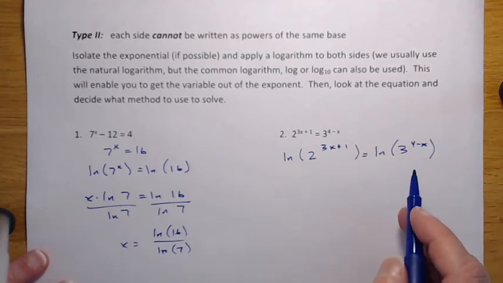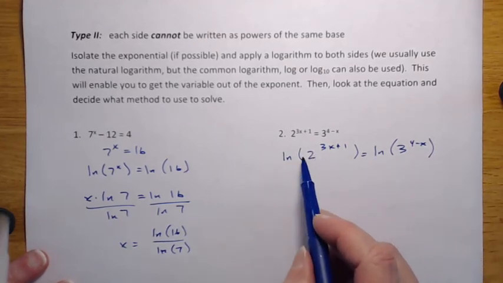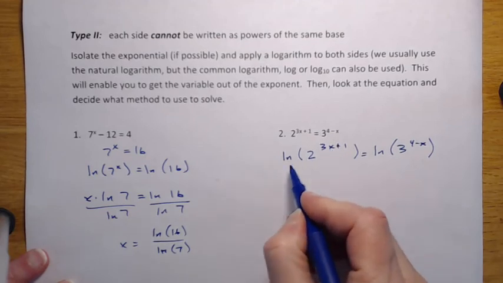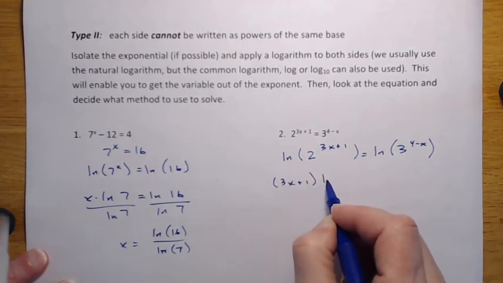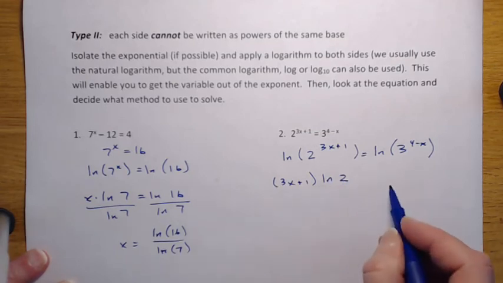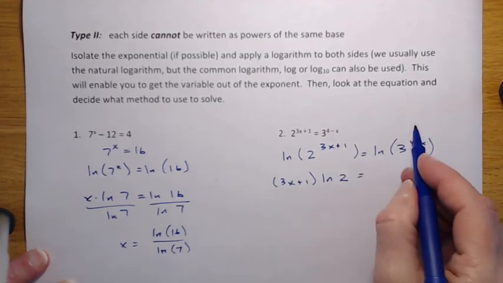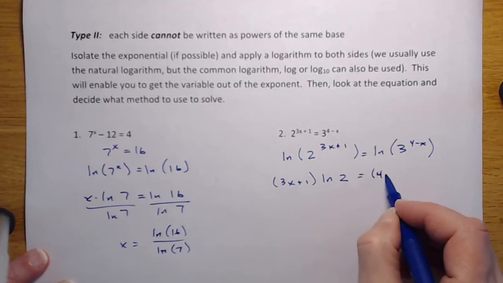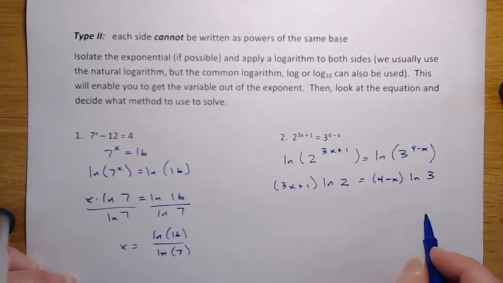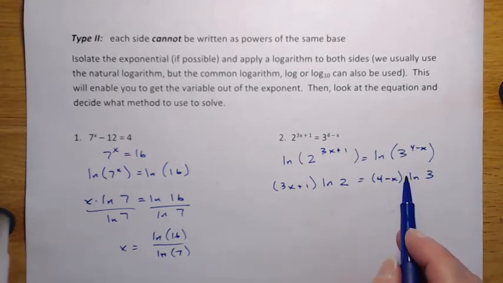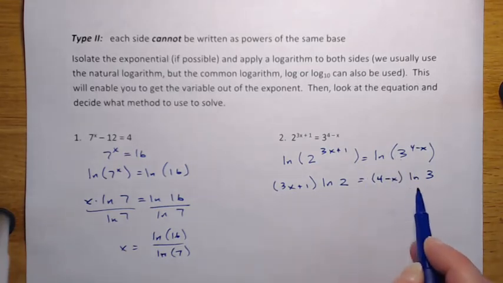For right now it looks worse, but the idea is I have ln of 2 to a power. That power, the whole power, can come down in front, and it would just be (3x + 1) times ln of 2. And then similarly here, our log property says I can pull down that (4 - x) power times ln of 3.